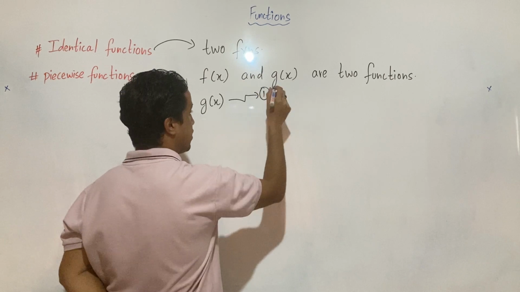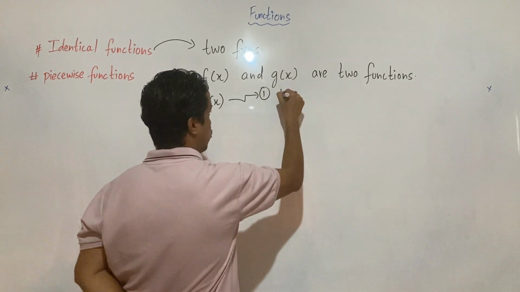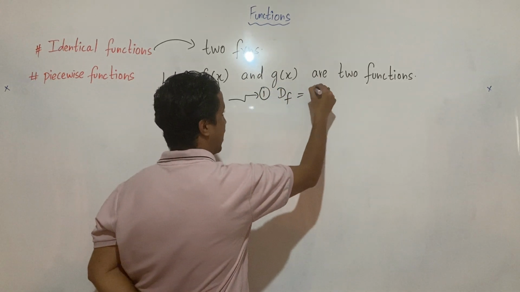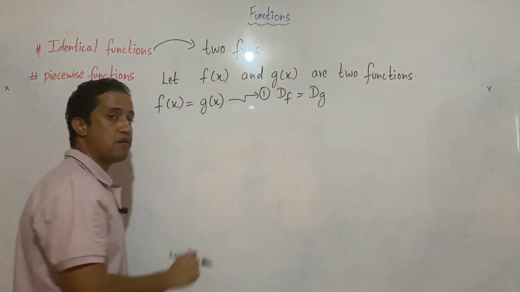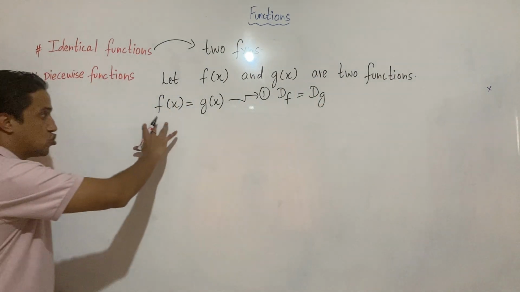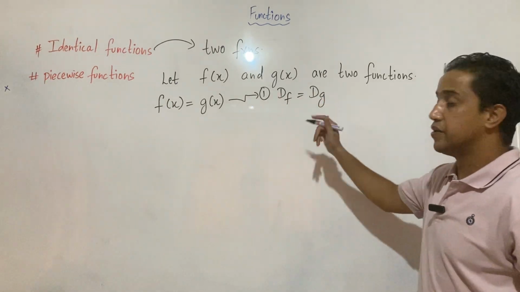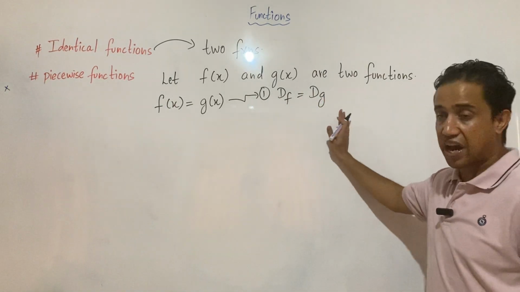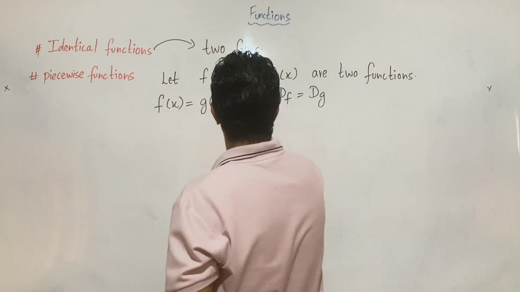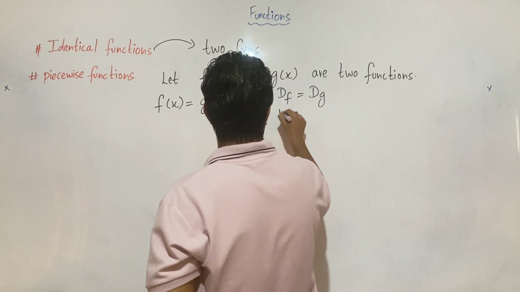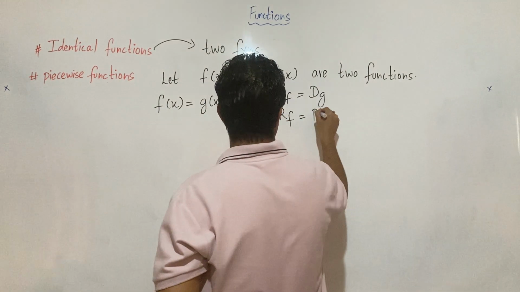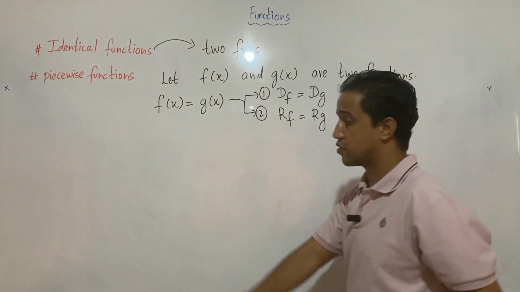They are going to be the same if their domains are equal, meaning the domain of f and the domain of g are both equal. These two functions are said to be identical when, number one, their domains are equal, number two, their ranges are equal, right?